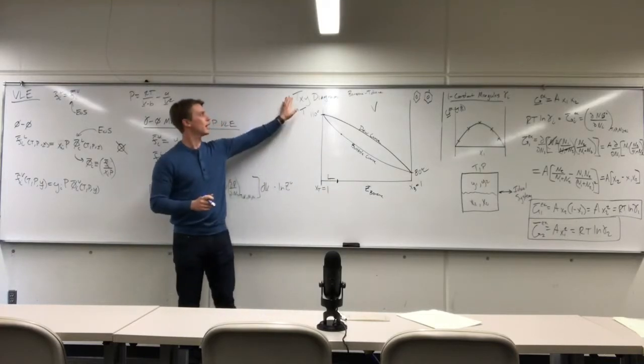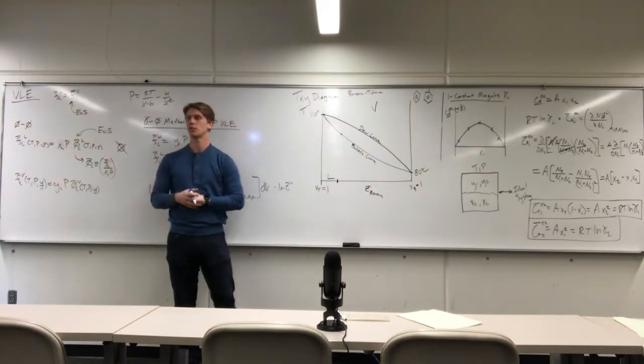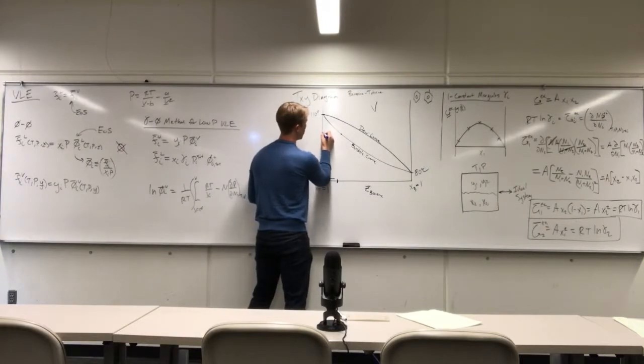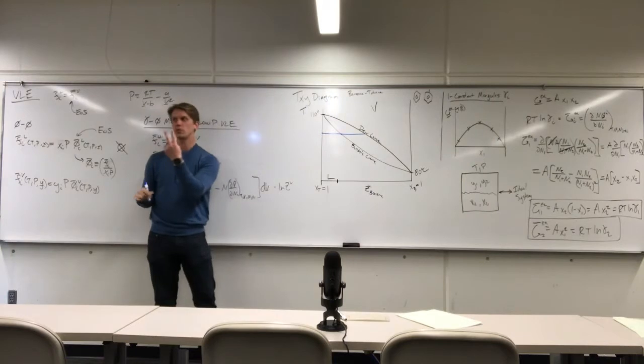So this is all at a constant pressure, right? Constant pressure, composition, and temperature. How do I solve all those? Well, first draw a constant temperature. That's the easiest. So I draw a constant temperature, and you'll note that I have two solutions to this equation.